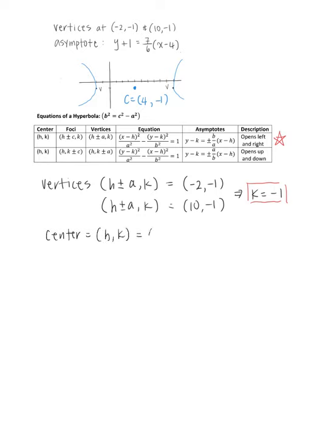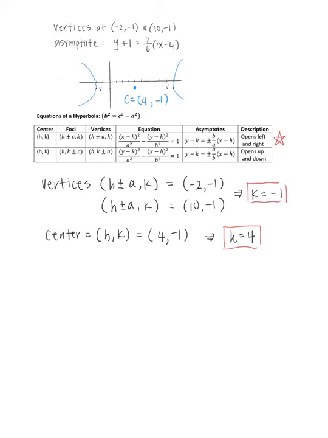So now we know the value of h, because the center is (4, -1), which implies that h equals 4. Now we still have to find the values of a and c, and from there we can find our value for b.